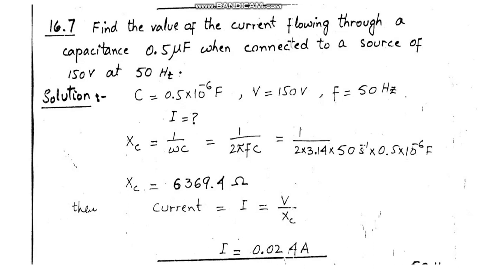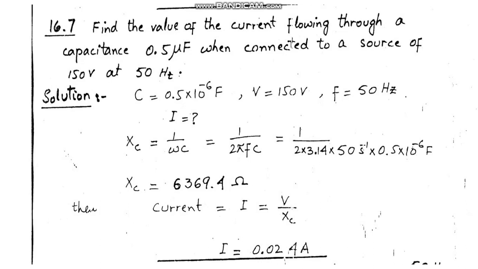Voltage V is equal to 150 volt. Frequency F is equal to 50 Hz. These are values given in the question. We require I. First, we solve capacitive reactance because that is required to find the current.